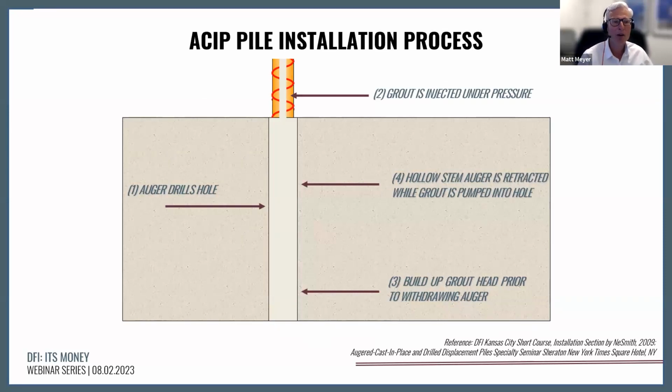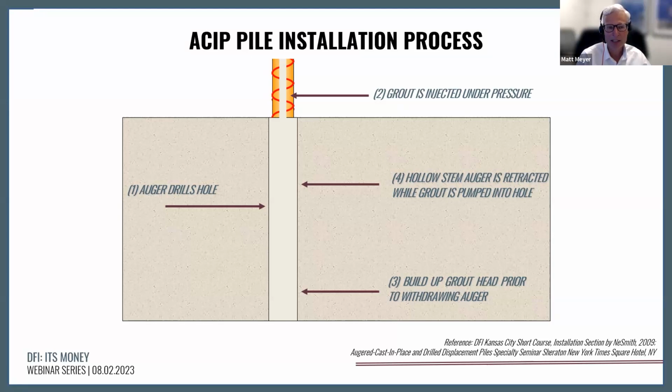So just a high-level overview of this single-pass rotary system that we're talking about today. The process consists of advancing the continuous flight auger down to the desired tip elevation or depth of embedment into a bearing layer, or potentially to a refusal condition on something that's very hard, like an intermediate geomaterial or a bedrock. After you attain that termination depth or termination criteria, the grout is then injected through the hollow stem of the auger.